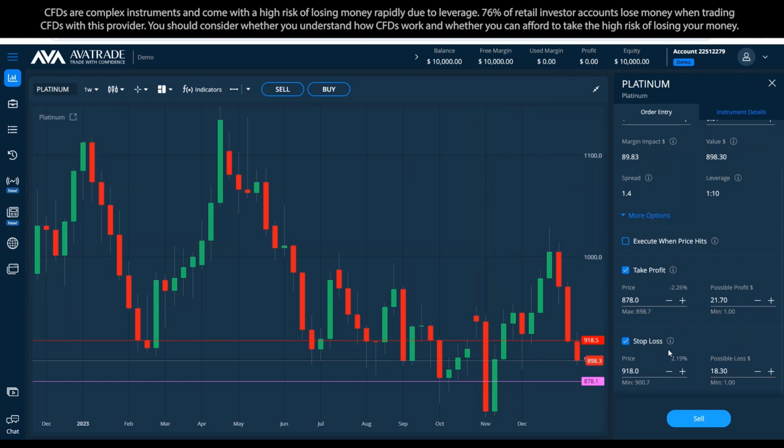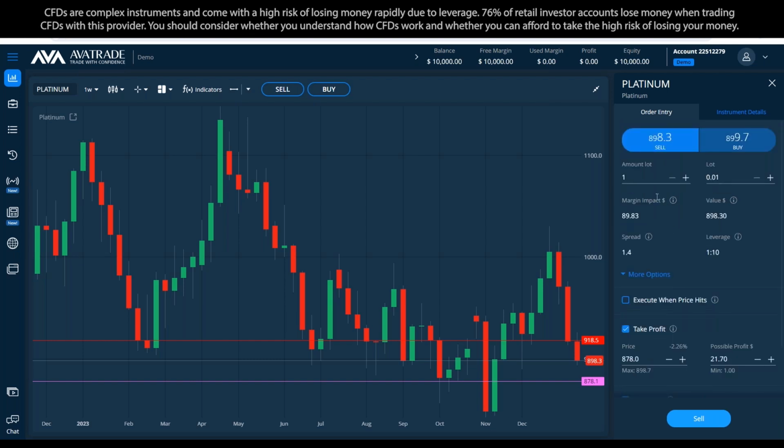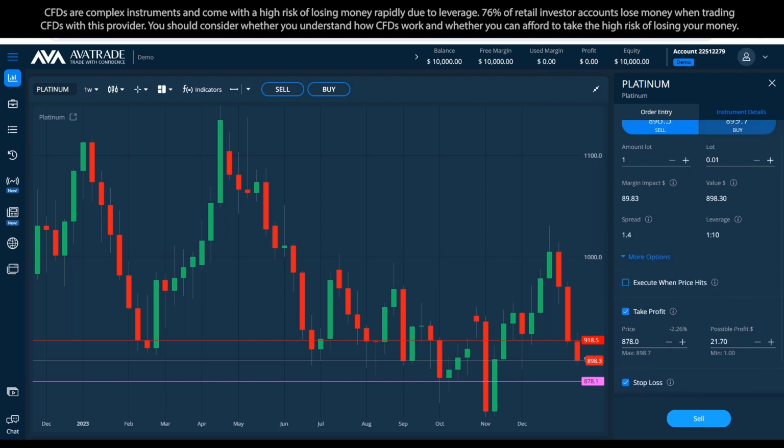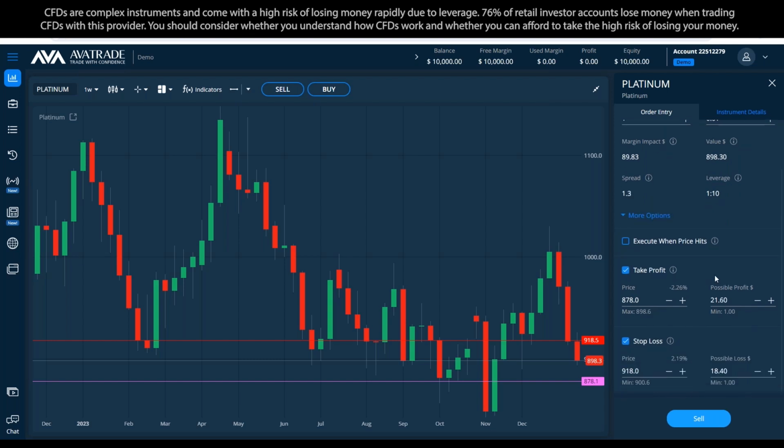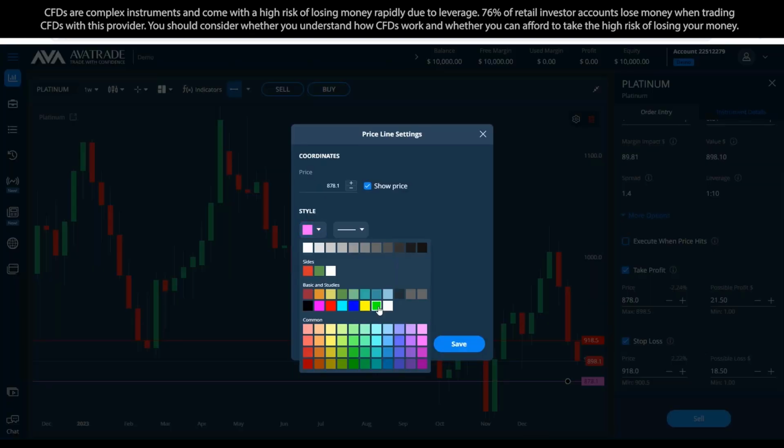So it seems to be $20. You lose if you sell. Oh, okay. I lose if I sell. I still don't know, but I'm just trying here. I'm not exactly sure. I just want to see what will happen. So I understand that with 1 unit, if I acquire 1 platinum ounce, and it goes across the chart from here to here, I'm gonna lose $20. And if it goes down from here to here, I can gain. Let's turn this one green. Okay.